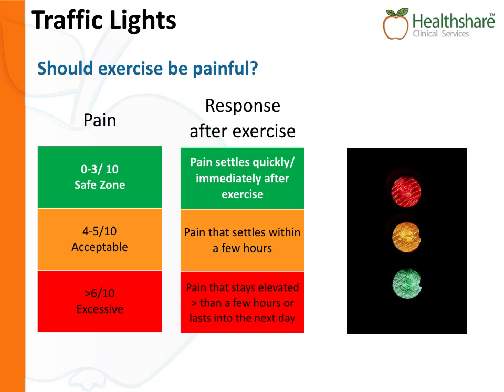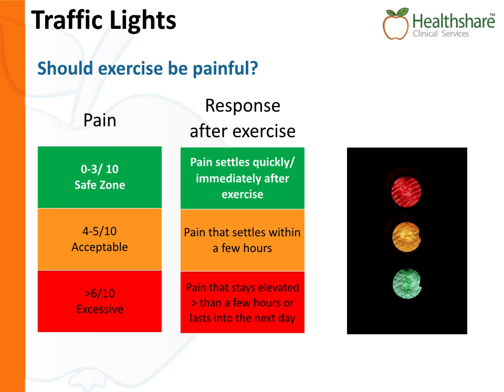First of all, think about your pain on a scale of 0 to 10, with 0 being no pain and 10 being the worst pain imaginable. If when you are exercising your symptoms are provoked to a 0 to 3 level, and the pain settles quickly or immediately after exercise, you are exercising in the green zone.